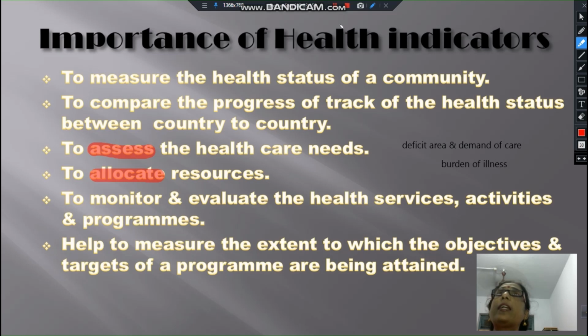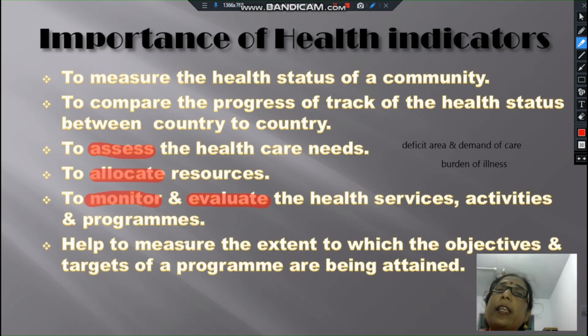And next, to monitor and evaluate the health services, activities and programs. During monitoring and evaluation, we can identify whether the public utilizes those services or not, and what percentage of the population actually benefited by this service.